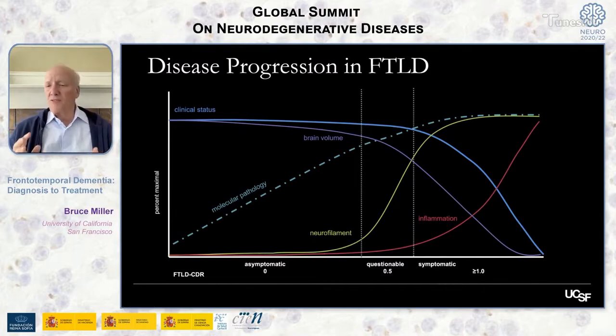These are probably going to be very powerful biomarkers for studying the interventions that we hope to do in the early stages of these diseases. Once the behavioral syndrome starts, you see massive atrophy, even over as short as 2 to 3 months. You also see massive elevation of neurofilament. During the course of this progression, we also see evidence of inflammation. So these are the clinical syndromes and the biological biomarkers that we are beginning to think about measuring in this disorder.